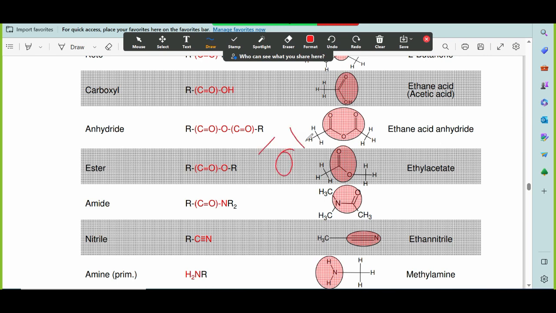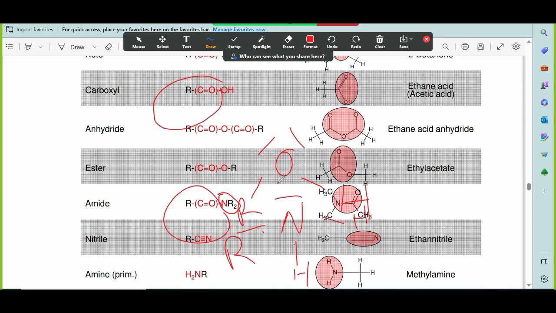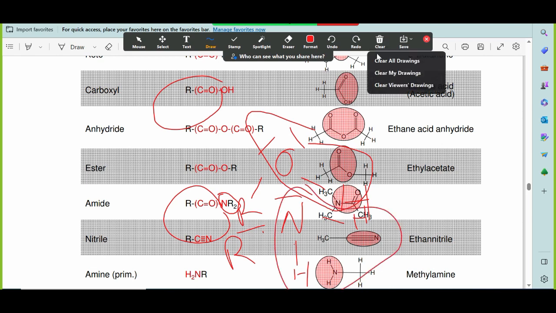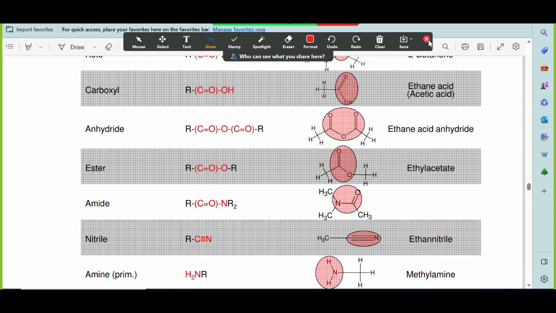So oxygen has two lone pairs and can bond with two different elements, let's say one is H and the other is just whatever is here. Nitrogen has only one lone pair and can bond with three different groups, so H, H, and here is just the rest, the radical. So OH can be replaced with NH2 to form a different class of organic compounds.